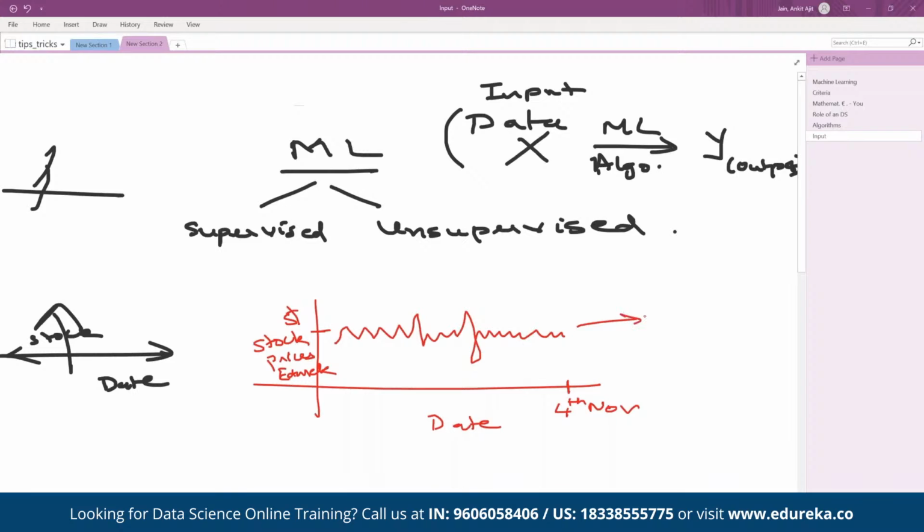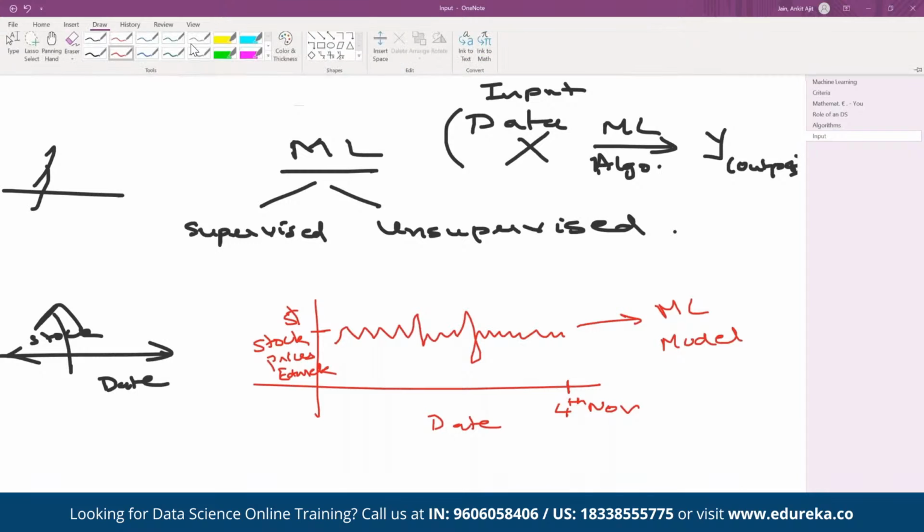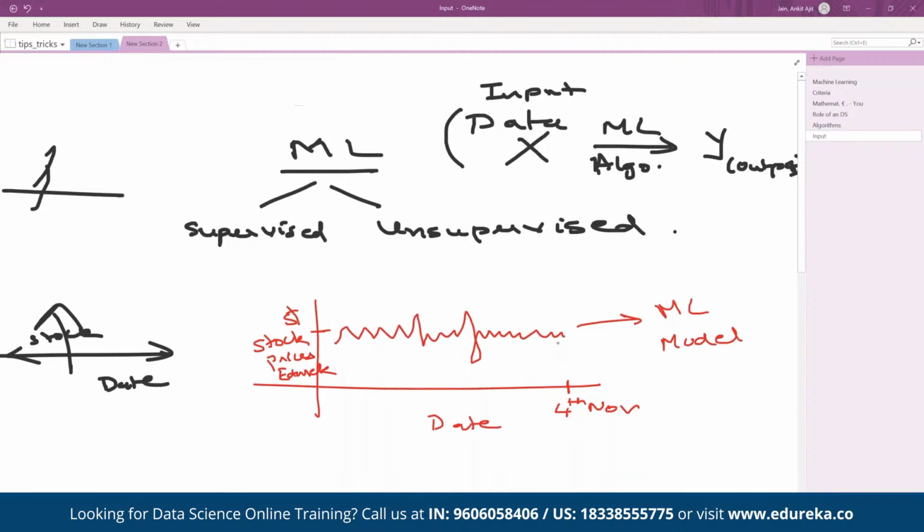Suppose we feed this data into a machine learning model. It can now be used to predict the price for the next day, that is 5th of November, 6th of November.